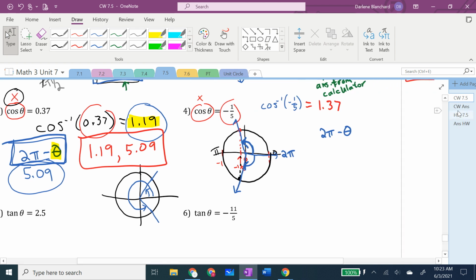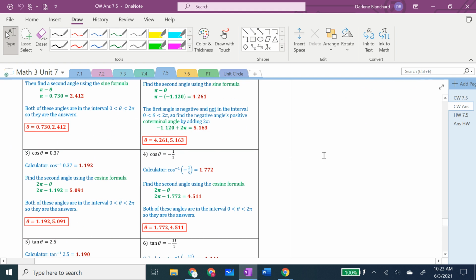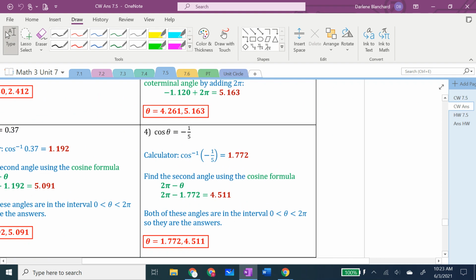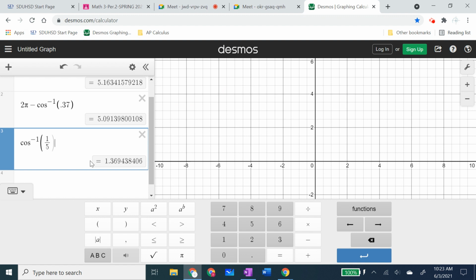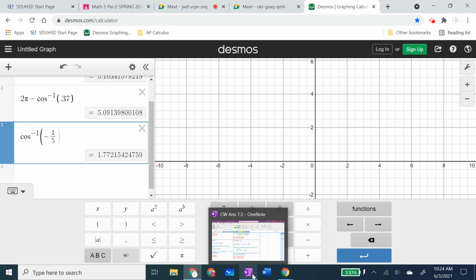Let me see. So I have 1.772 written. Oh, I didn't put my negative in. Well, I'm a goofball, aren't I? I think you saw a negative 1/5 in there. 1.77, let me double check.